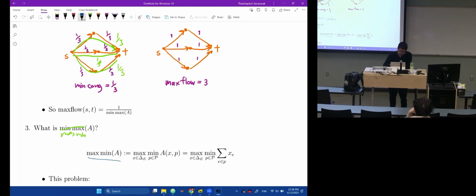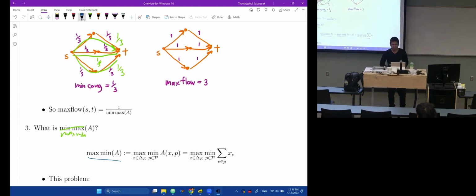Okay. What's max-min of A? It's a problem of finding the best distribution over edges, the best distribution of rows, such that it maximizes this whole thing, maximize the min over columns of AXP. I will not go through the calculation carefully again, but you will get that AXP is just summing over all edges E in P, X_E.